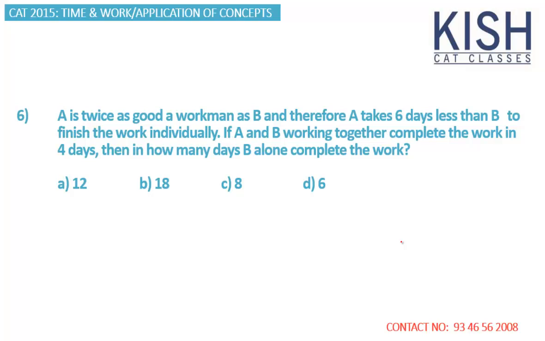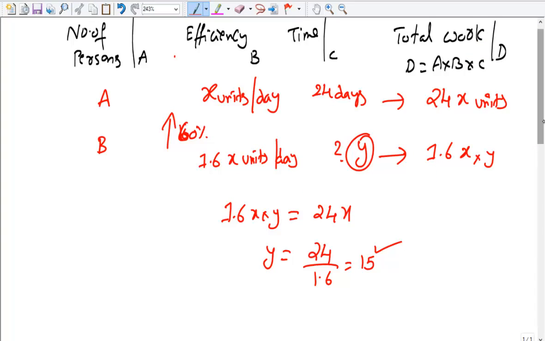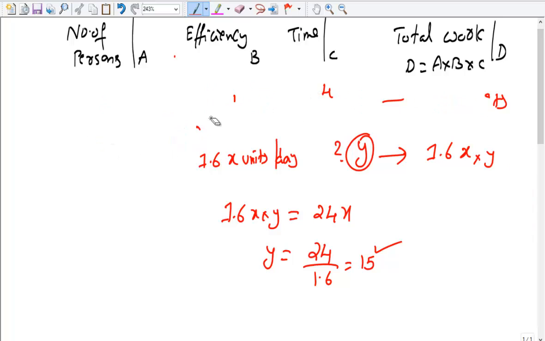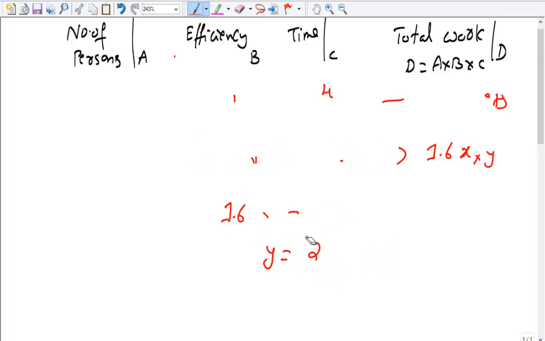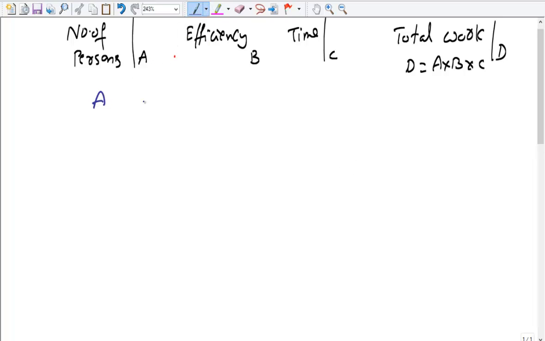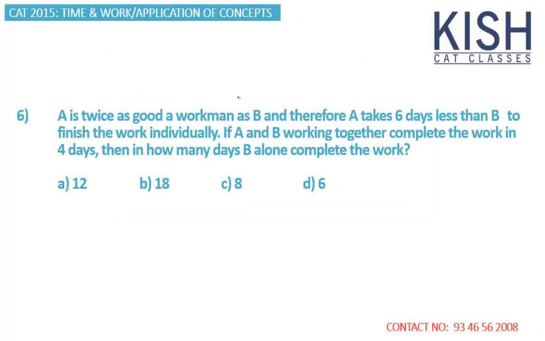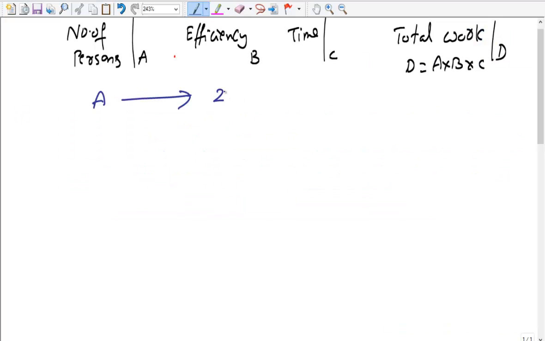Here also, the question talks about the efficiency. So we have the efficiency between A and B. Let's take A's efficiency as 2x units.